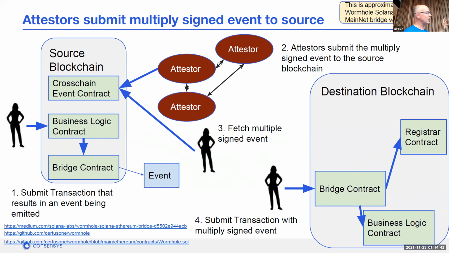They could see an event and then submit the signed event back to the source chain. And then you can take that signed event from the source chain and submit it on your destination chain. And that's good because the attesters are submitting back to a cheap chain and letting the user bear the cost of submitting the information to the destination.